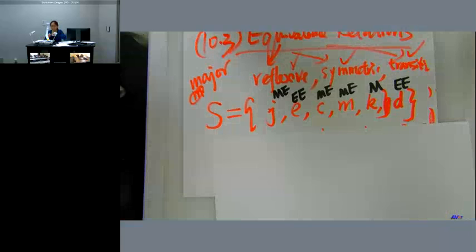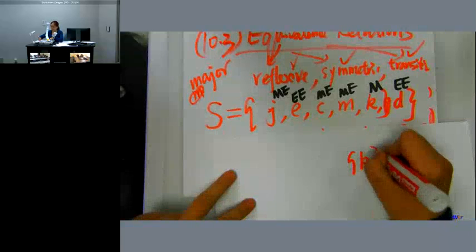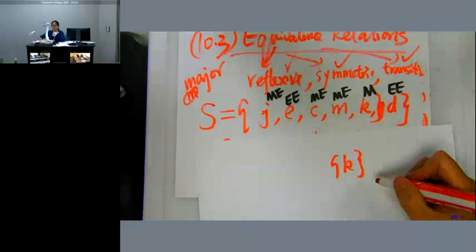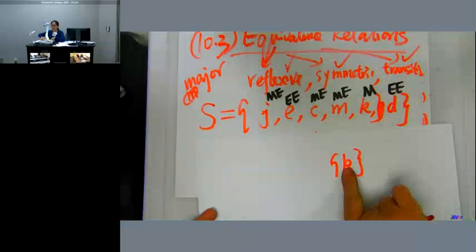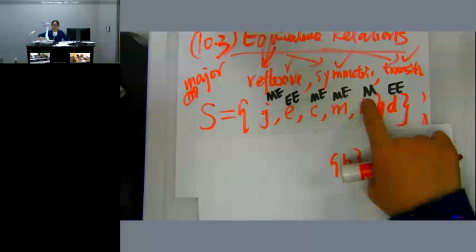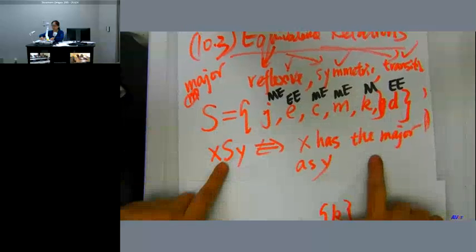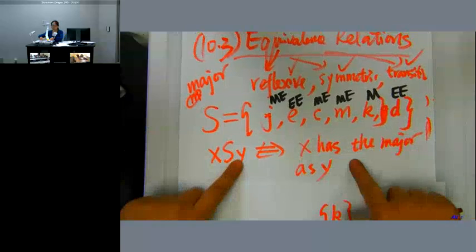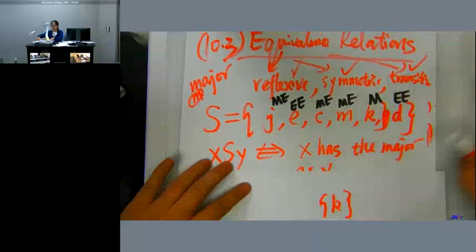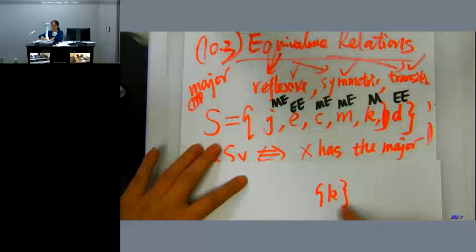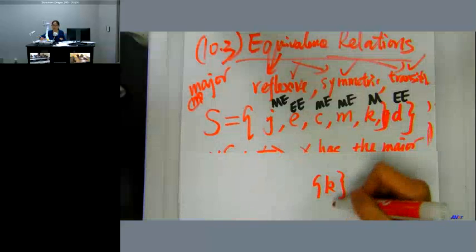Well, Katie will be in a class by herself because she's the only math major, right? That's Katie's class. Katie is not related to anybody else. How is the relation defined? If Katie has the same major as somebody else, then Katie is related to that student. But Katie is the only math major. She's not related to anybody else. So she's going to be by herself in the class.